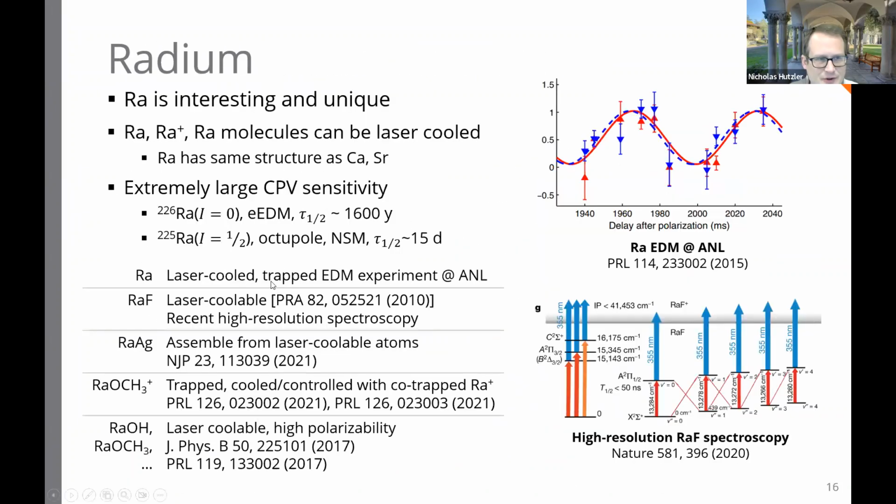Yeah, so the nuclear sensitive isotope is 2 weeks, but the isotope with no nuclear spin is 1600 years. All right. That answered my question.